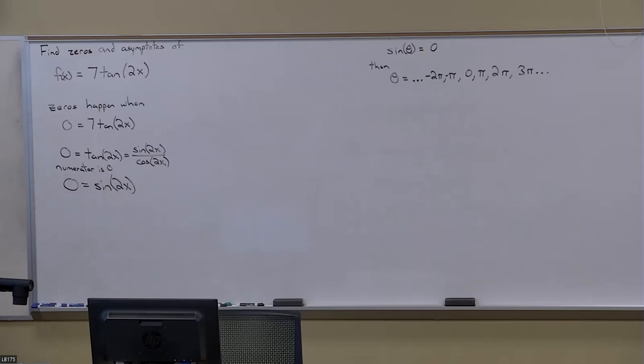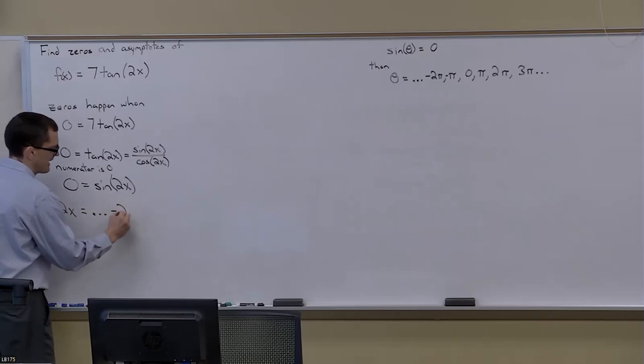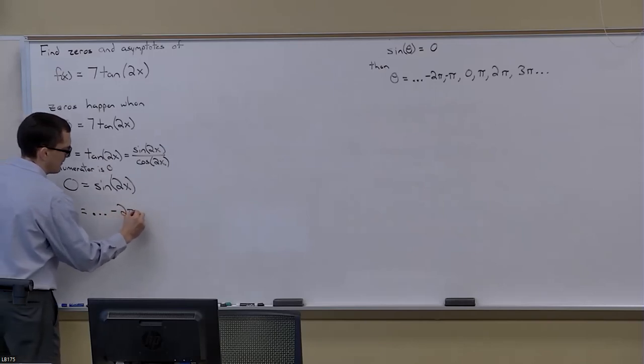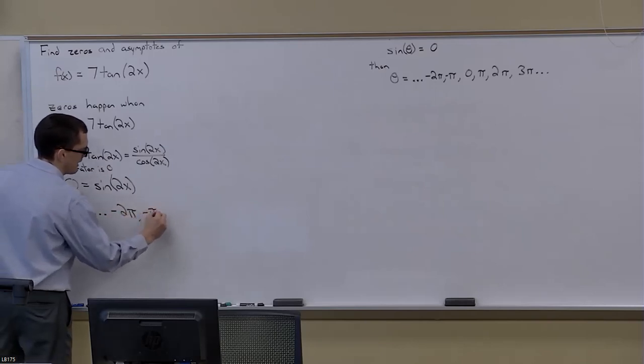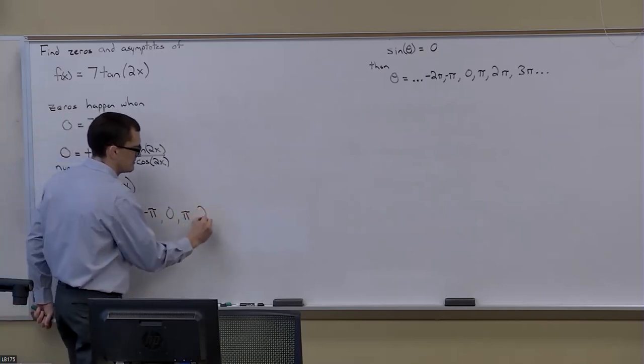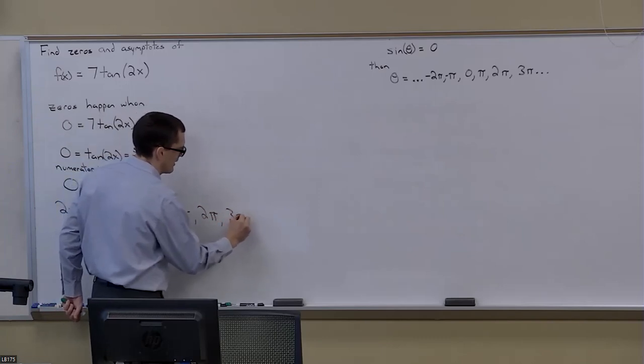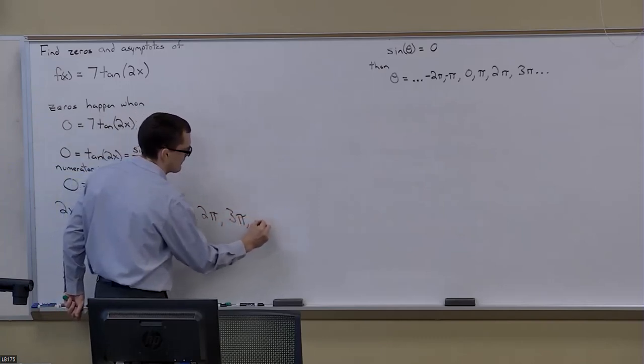And I know that if sine of something is equal to 0, then that something has to be like negative 2 pi, negative pi, 0, positive pi, positive 2 pi, 3 pi, et cetera.